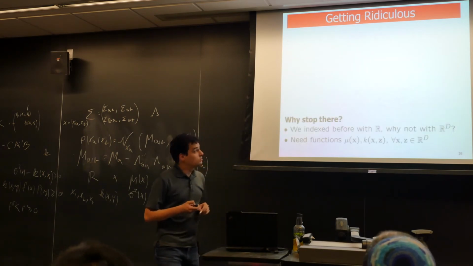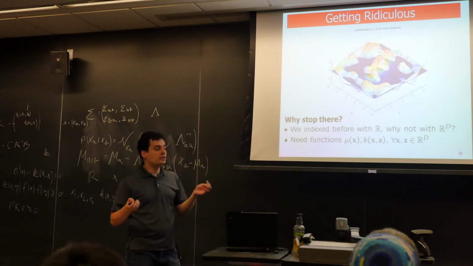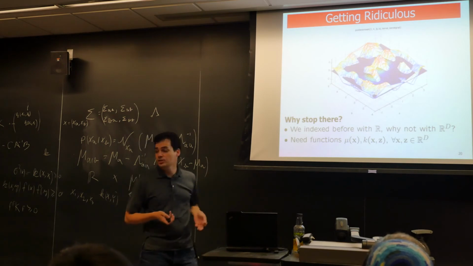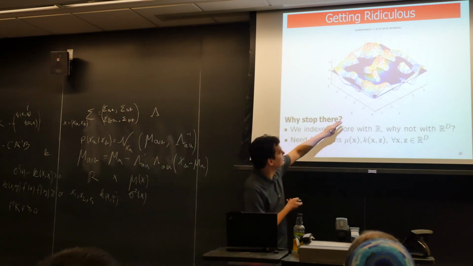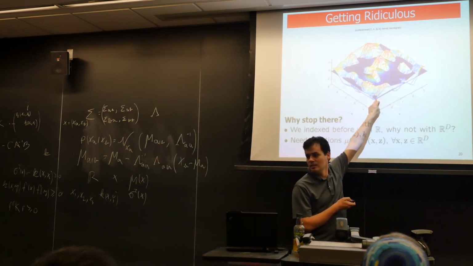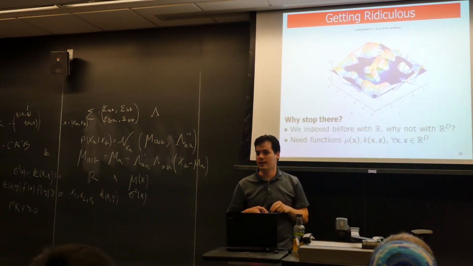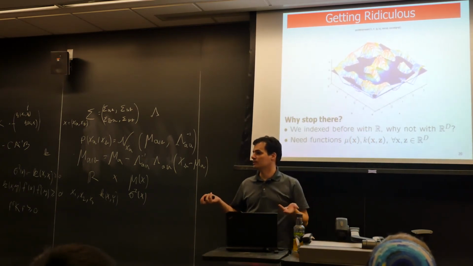And you could even be more ridiculous: the index set, instead of being R, could be finite dimensional vectors. In this case, the index set is R2, and then you can define surfaces this way.